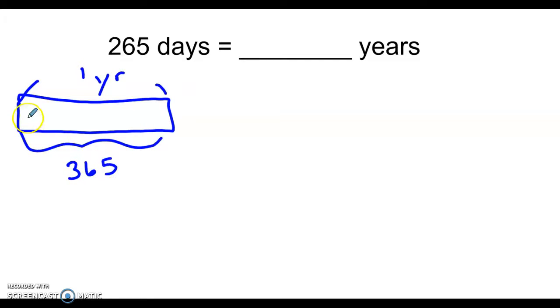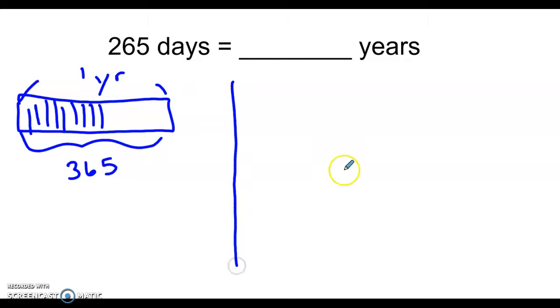So in theory, I can just start decomposing this into 365 equal pieces, right? Not really going to be efficient. Would it work? Certainly could. So in this particular one, it might be more reasonable for us to do it in our number form.